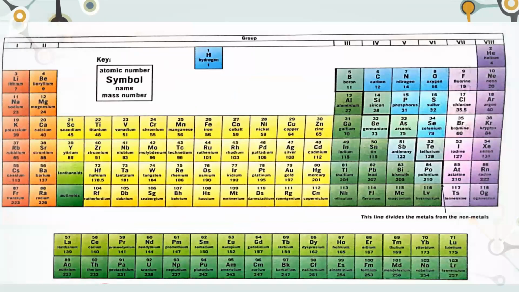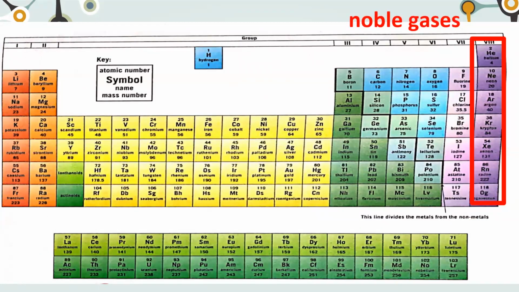Yes, sir. Okay. This is a periodic table. You all know this very well. This group is what is called noble gases or inert gases. This group is also called group 0 because they are not able to react with any other elements.